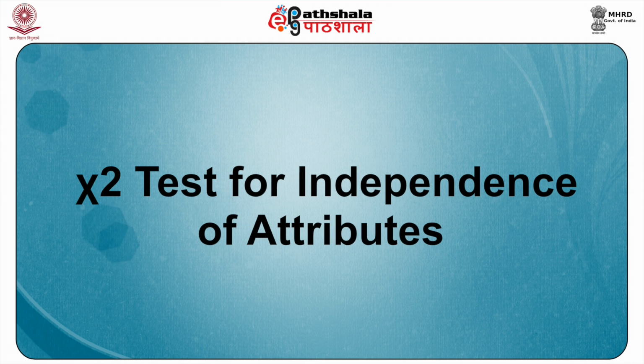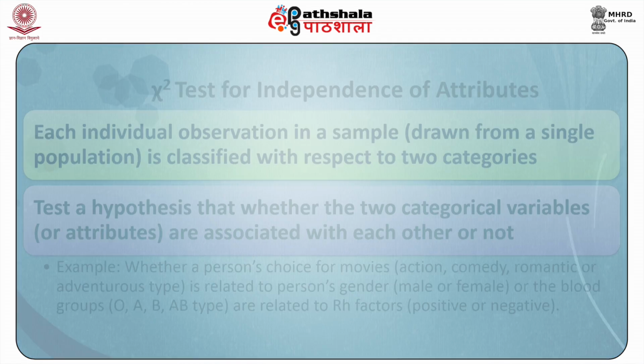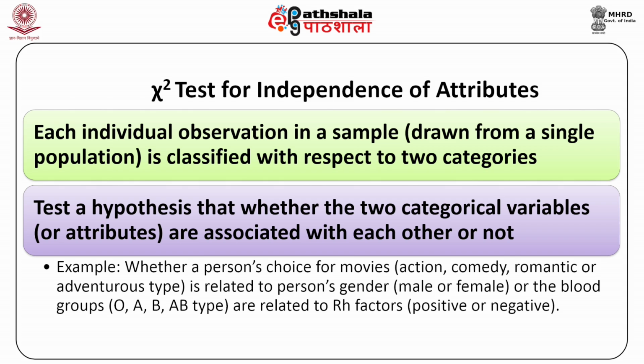So let us now try to understand the chi-square test for independence of attributes in this section 3. In this section, we would learn another important application of the chi-square distribution, where each individual observation in a sample drawn from a single population is classified with respect to two categories. Here, we test a hypothesis of whether the two categorical variables or attributes are associated with each other or not.